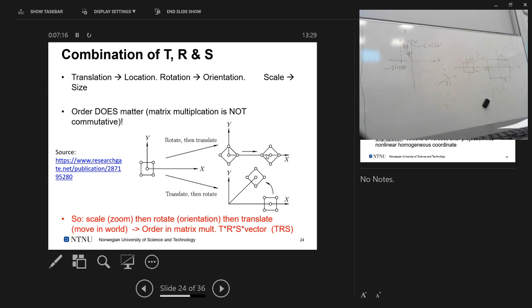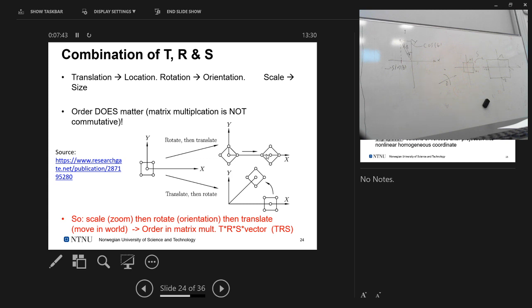So the rule is you scale to whatever size you want, then you determine its orientation by rotation, then at the end you move it around in translation, right? And you can remember that as a TRS rule, because when you do this with matrix multiplication, you have to do it the other way around. So you start off with whatever vector you have, then you scale it, then you rotate it, and then you translate it.